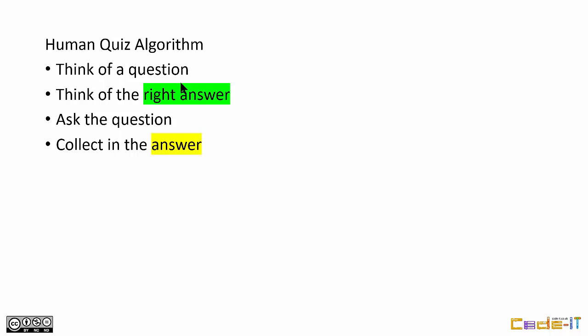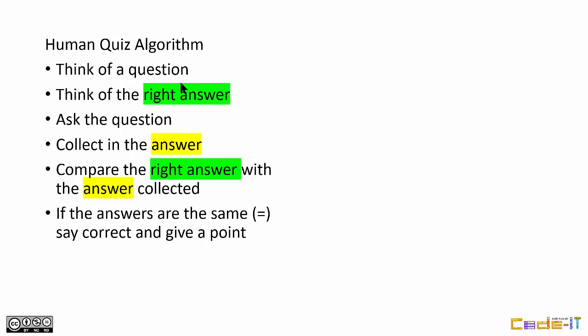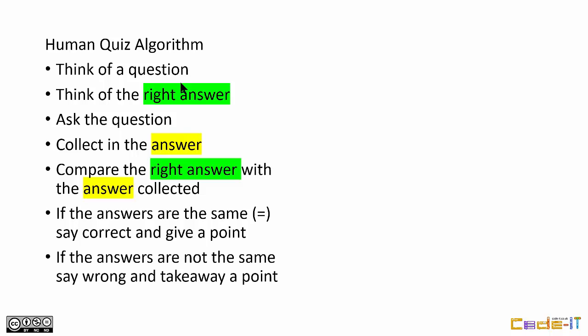And they will come up with equals. So we've got to compare the right answer with the answer collected, and they've already come up with this. Actually we're really saying, if the answers are the same, say correct and give a point. And if the answers are not the same, say wrong and take away a point. So that is our human quiz algorithm.